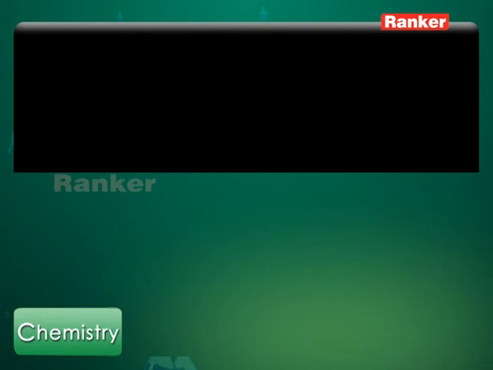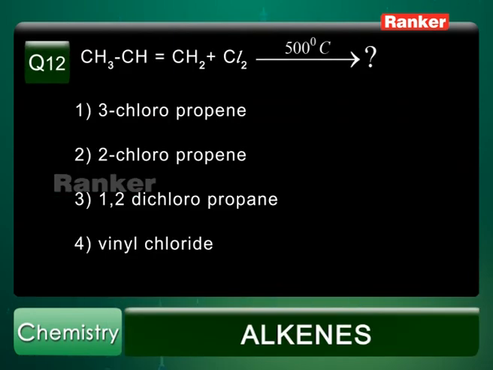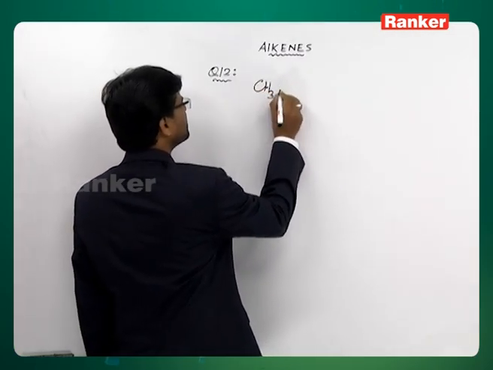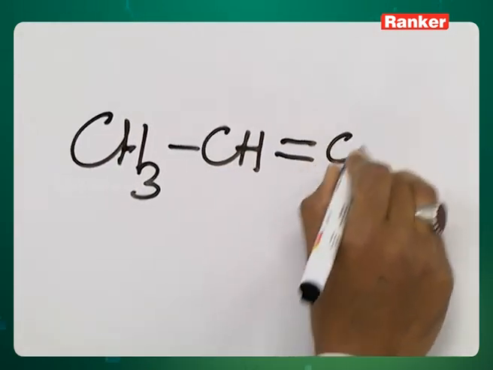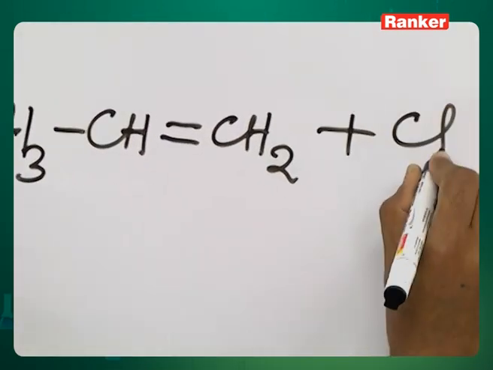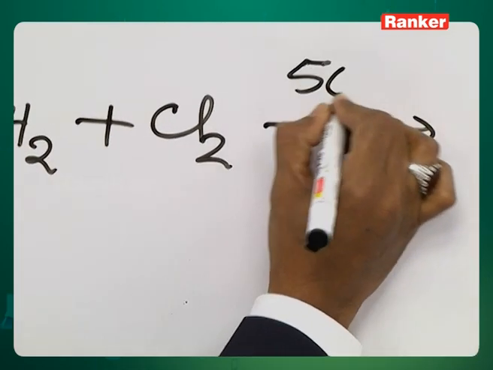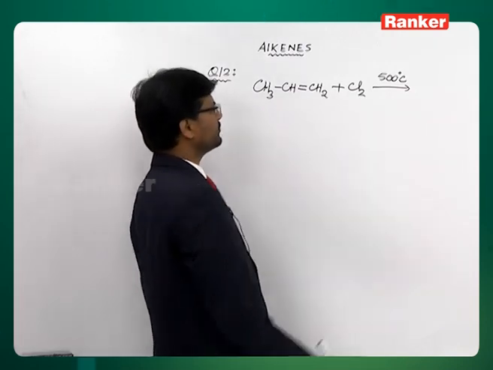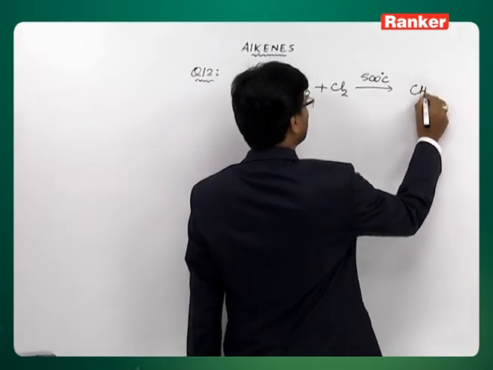Question number 12. Propene plus chlorine at 500 degrees Celsius gives what? First option 3-chloropropene, second option 2-chloropropene, third 1,2-dichloropropane, and fourth option is vinyl chloride. Look at the reaction. CH3CH double bond CH2, chlorine, and you are using very high temperature condition, 500 degrees Celsius. This will bring about homolytic cleavage of chlorine molecule, and allylic chlorination takes place.